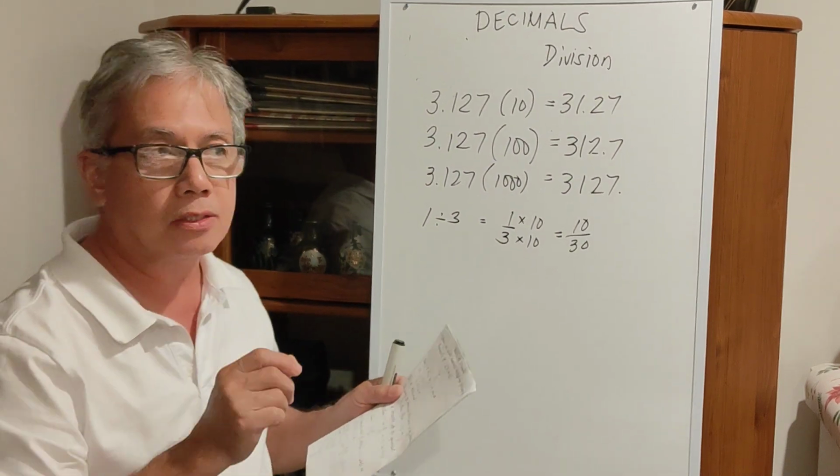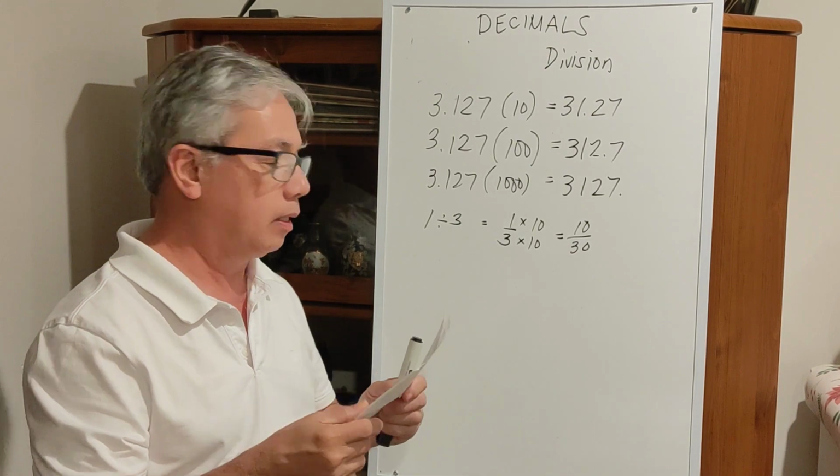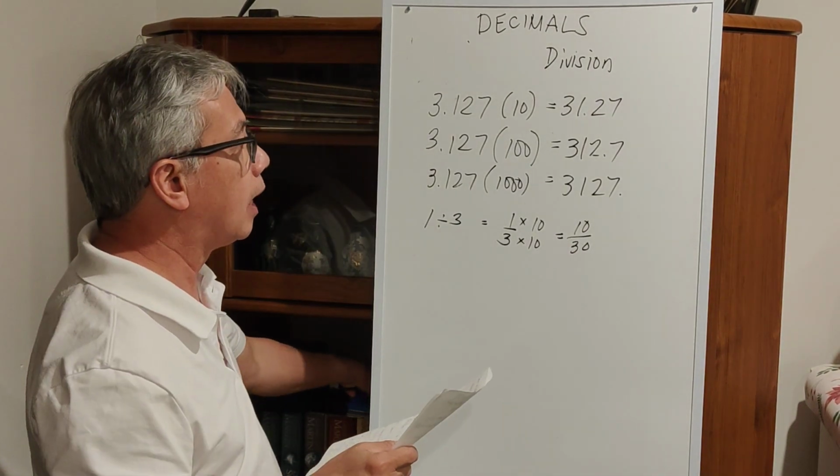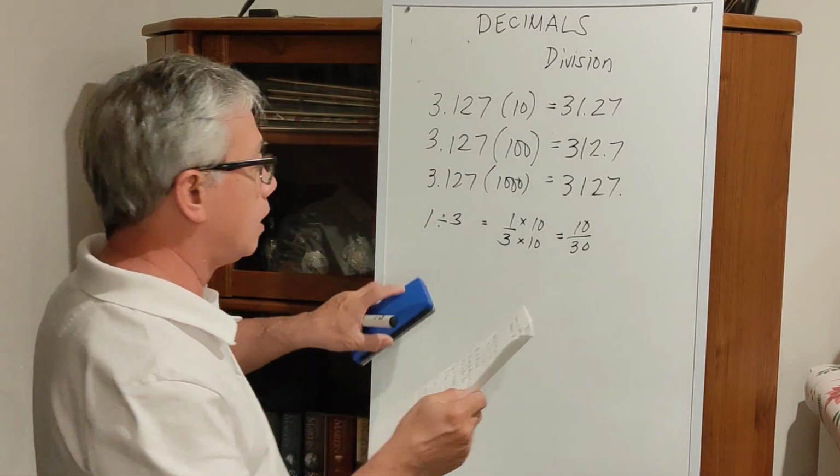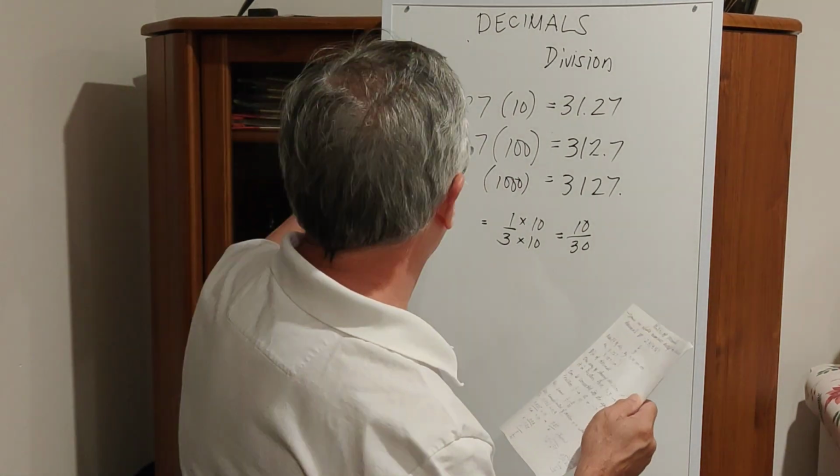Those are the 2 points I'd like to discuss, because in division of decimals, we would like to have the divisor in a whole number. So I will show you what I mean. Let's start with an example.